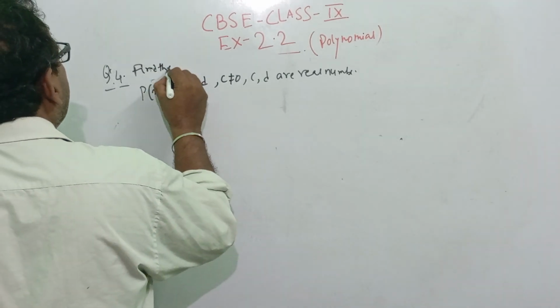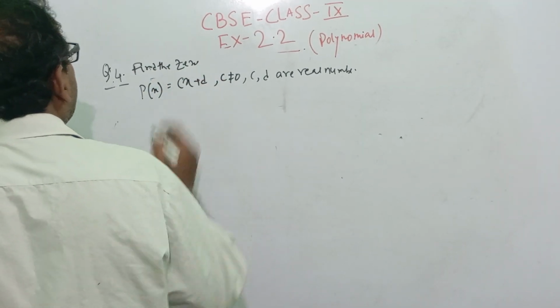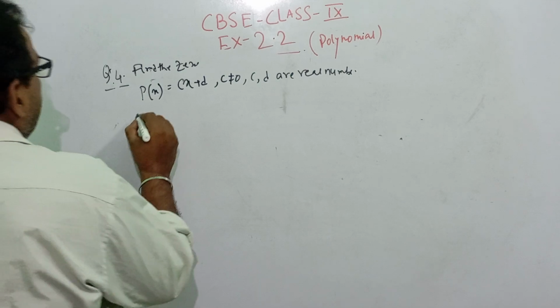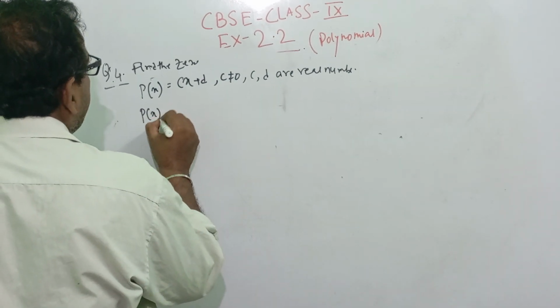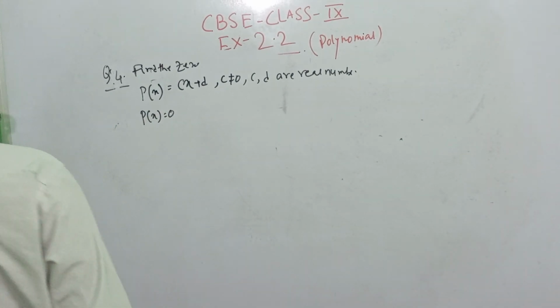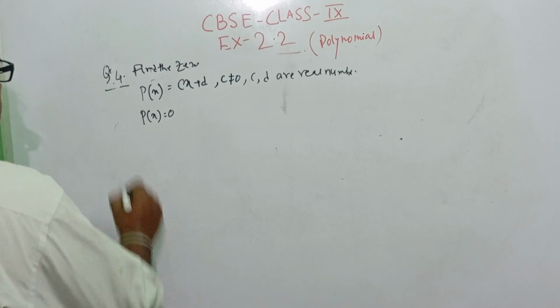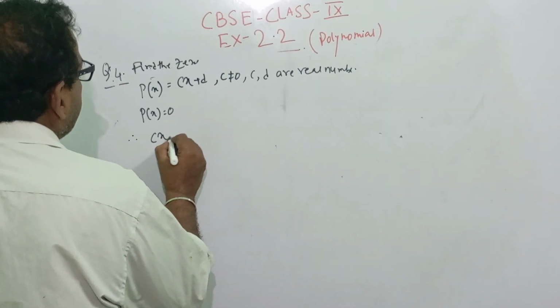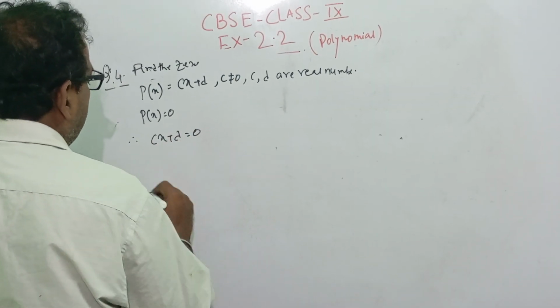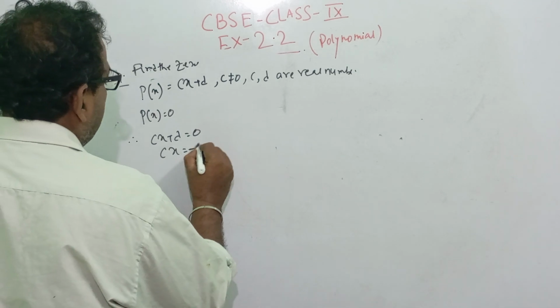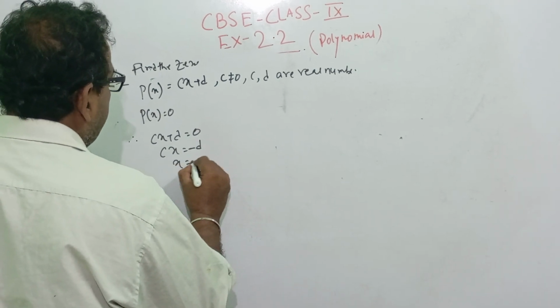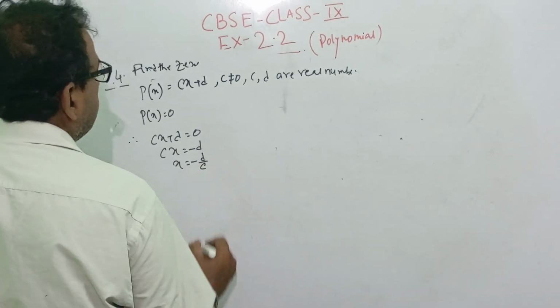Find the zeros. Now when you find the zeros, that means p(x) is equal to 0, therefore cx plus d is equal to 0, cx is equal to minus d, x is equal to minus d by c.